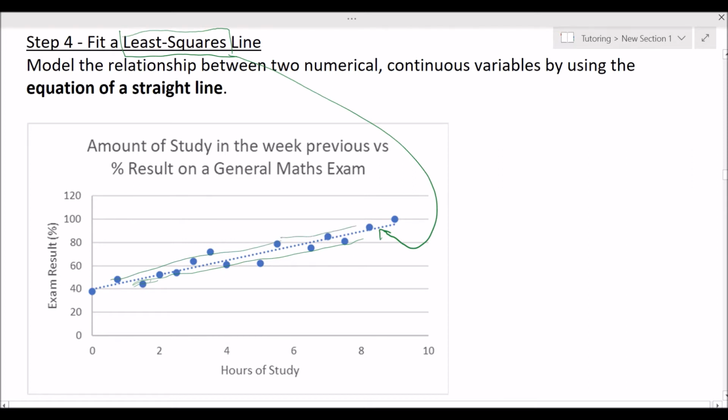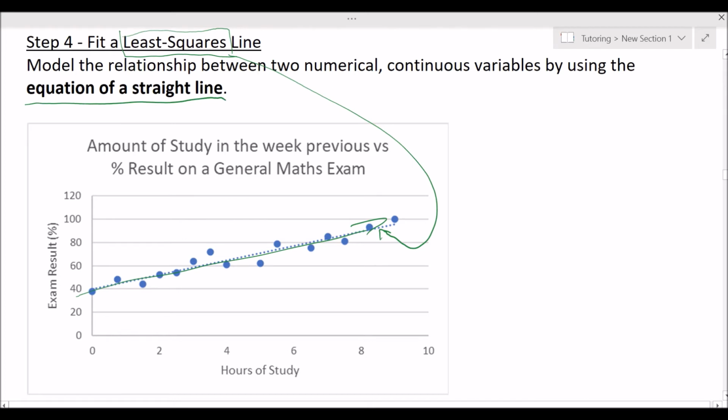So that's our least squares line. Now, we're not going to be fitting that line by eye. You're not just going to be eyeballing it and going, looks like that. We are actually going to be doing some statistical calculations to create that line, which is where our equation of a straight line comes into play.